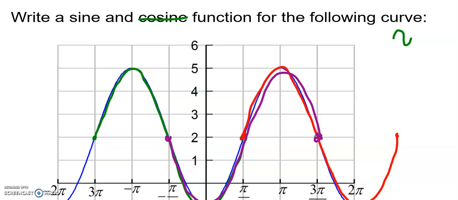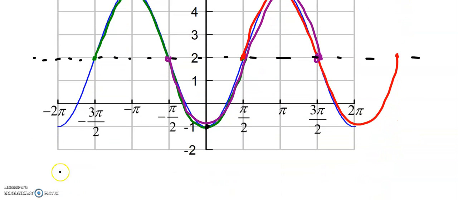So the first thing, remember, our strategy was identify the vertical shift. And so if I see that the highest point on the graph is at 5 and the lowest point is at -1, I know that the midline is at 2. So I know my D value, or my vertical shift, is going to be +2.